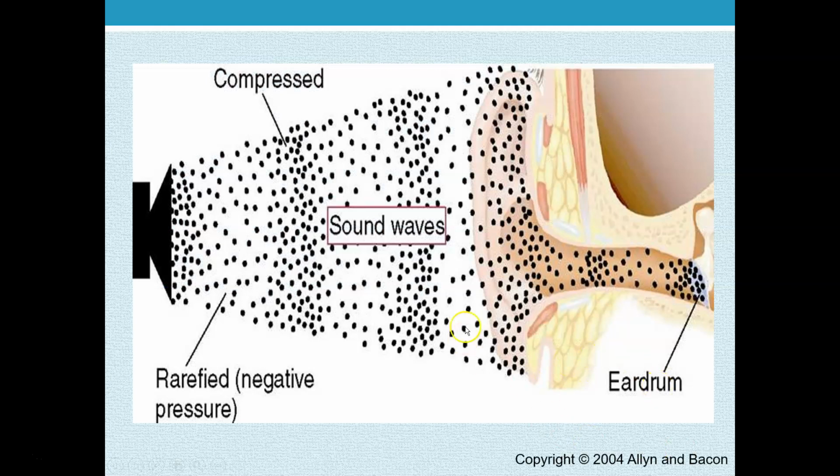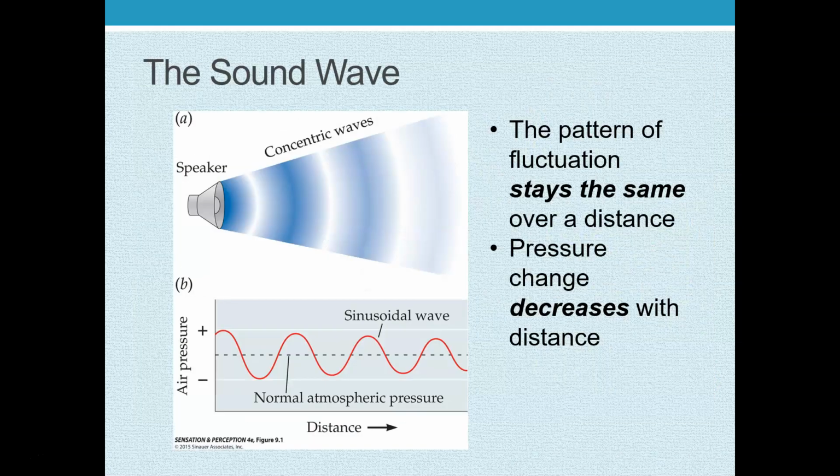So here's kind of an example of what this looks like. In this particular case, we have a speaker transmitting a sound. We have areas that are rarefied. We have areas that are compressed. And these different vibrations in air molecules will eventually make their way towards the ear and the ear canal.